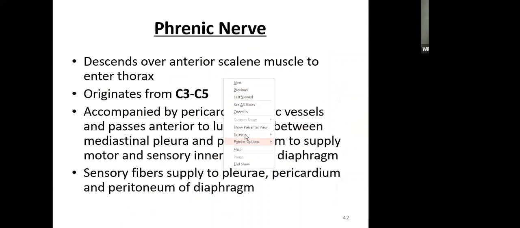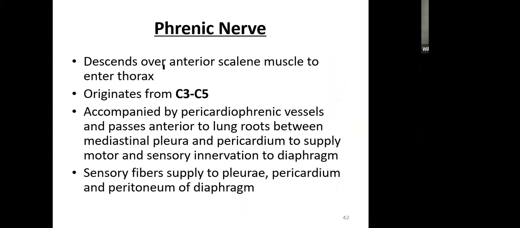So the phrenic nerve descends over the anterior scalene muscles to enter the thorax, and it originates from C3 to C5. It's accompanied by the pericardiophrenic vessels and passes anterior to the lung roots between the mediastinal pleura and pericardium, and it's ultimately going to supply motor and sensory innervation to the diaphragm.